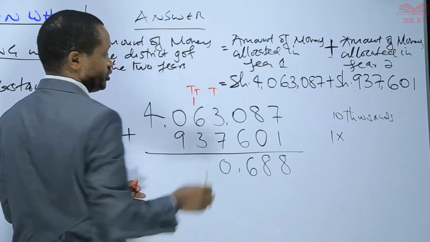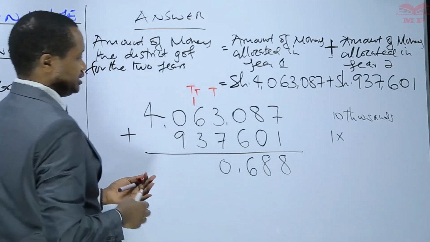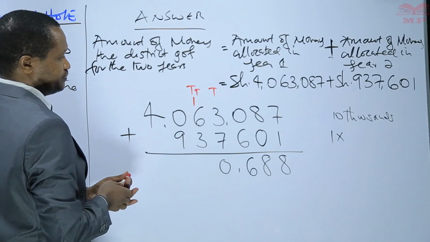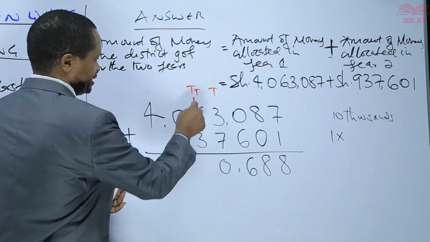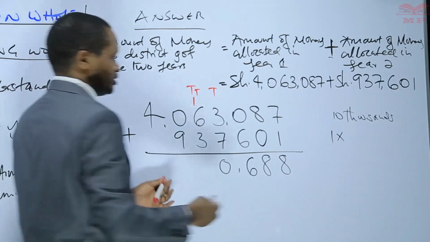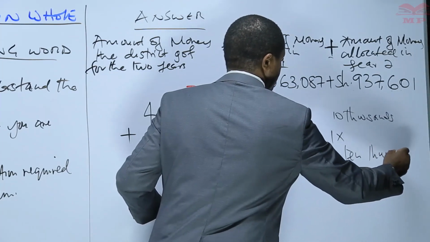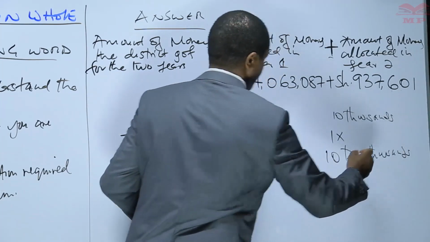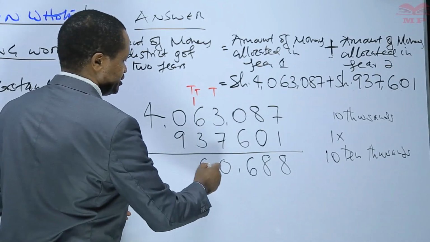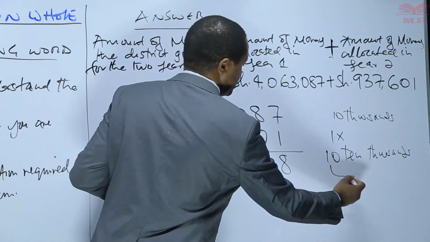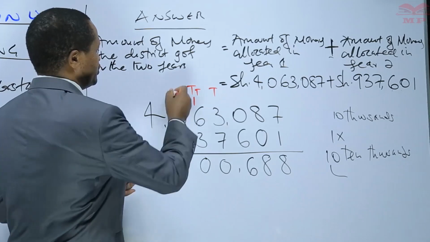So 1 10,000 plus 6 10,000s plus 3 10,000s is equal to 10 10,000. So we write 0. Then we carry this 1 to the place value of 100,000.